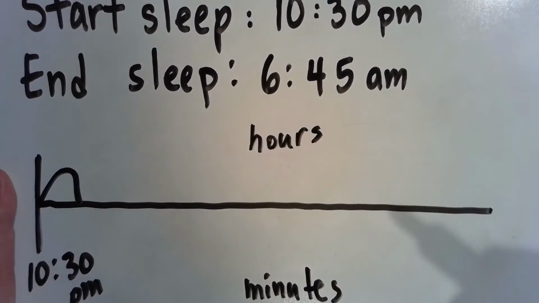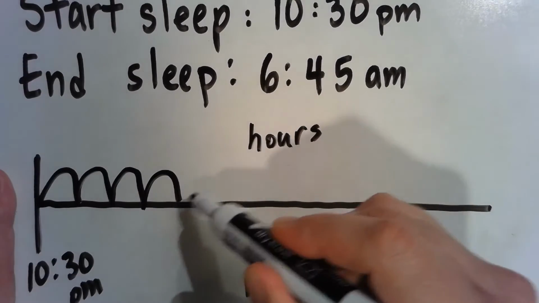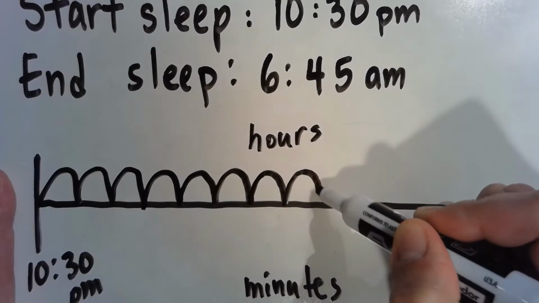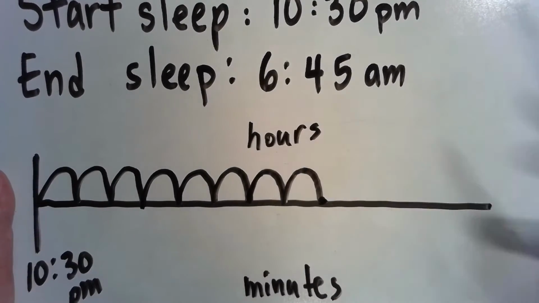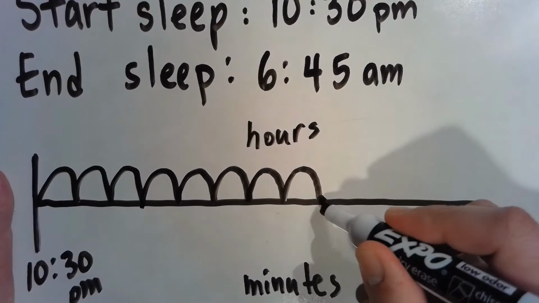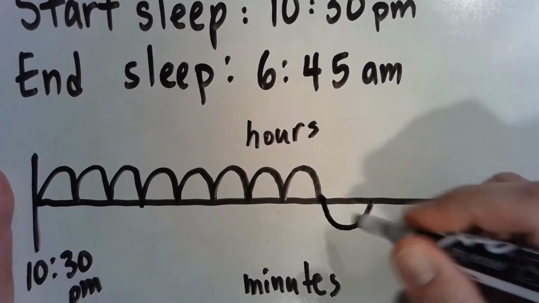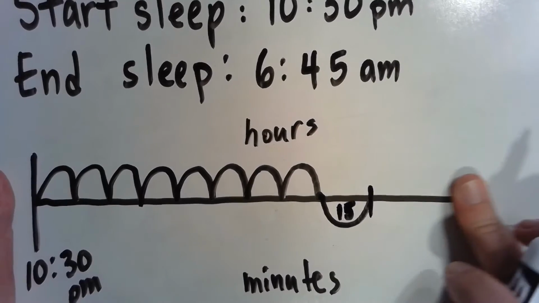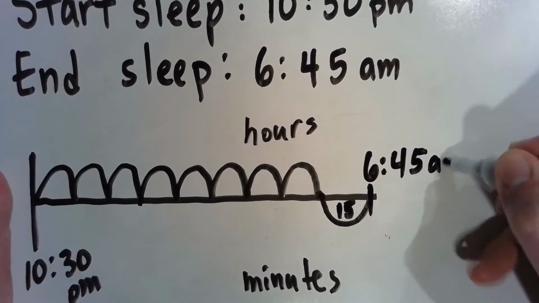I'll make 11:30, 12:30, 1:30, 2:30, 3:30, 4:30, 5:30, 6:30. That's not quite our end time yet, so we need to go from 6:30 to 6:45, which is 15 minutes of extra time. Then we get to our end time of 6:45 a.m.